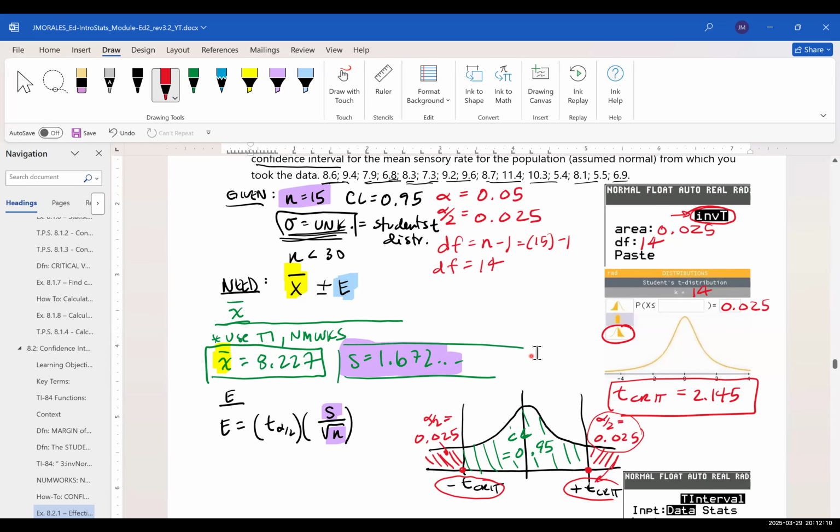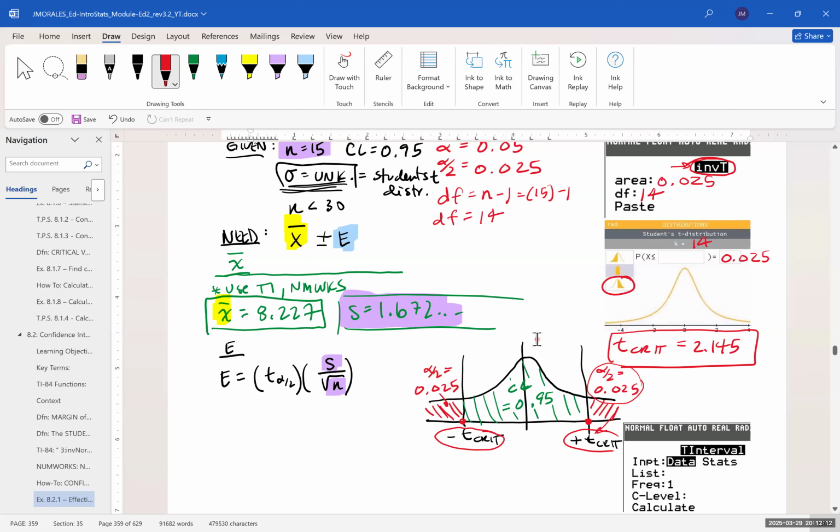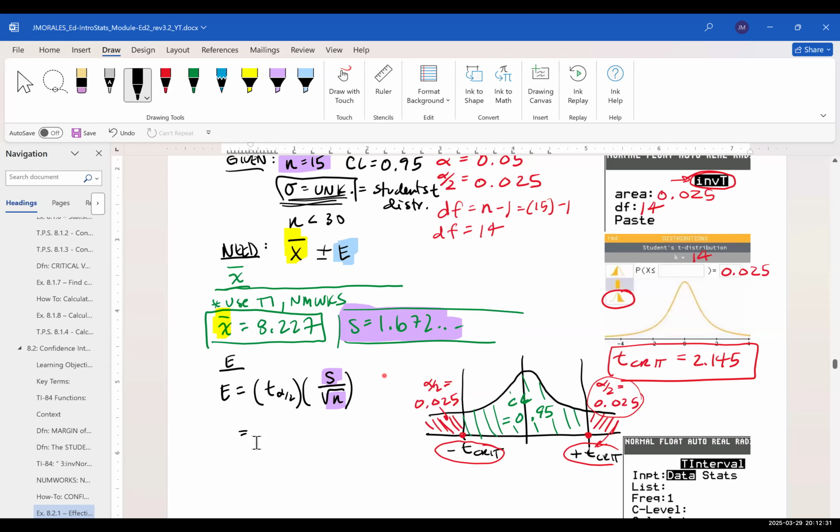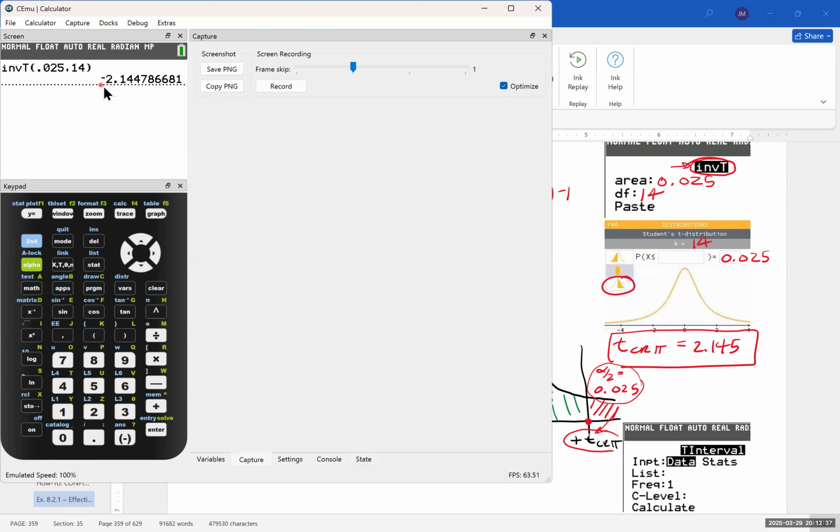All right. So now we just need to calculate this. So let's see here. So in order to keep our values as high as possible, let's take this t-score and I want to make it positive.